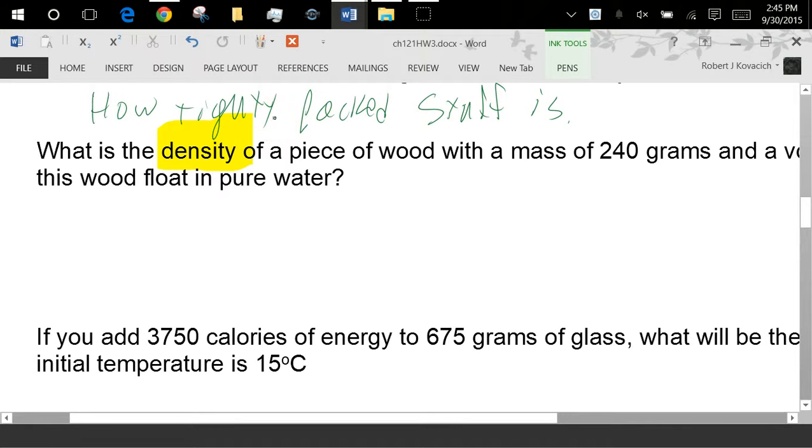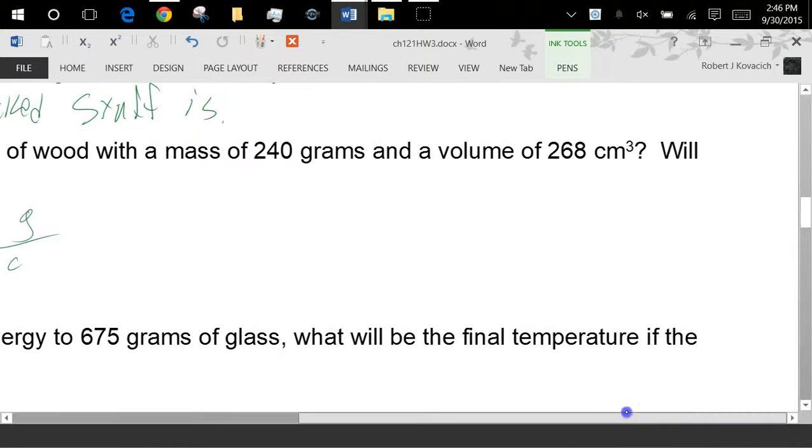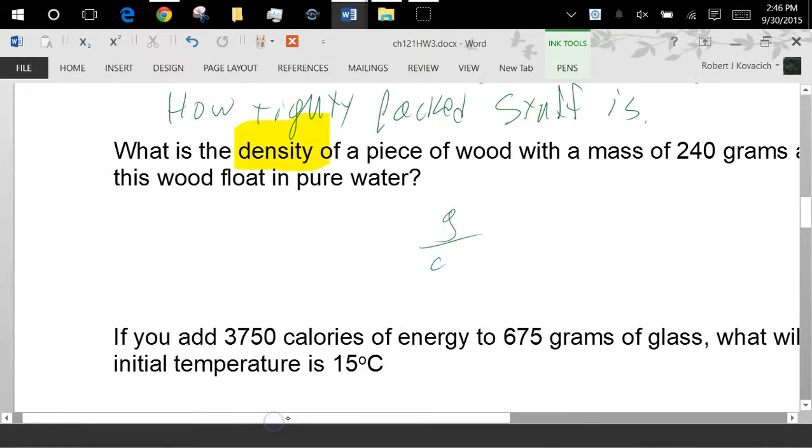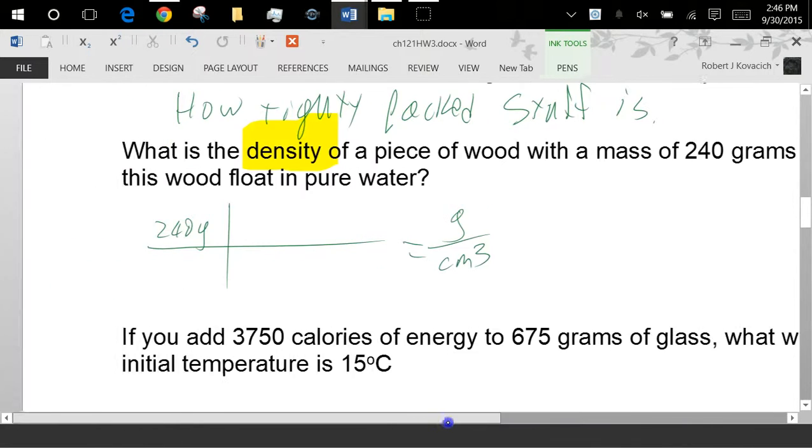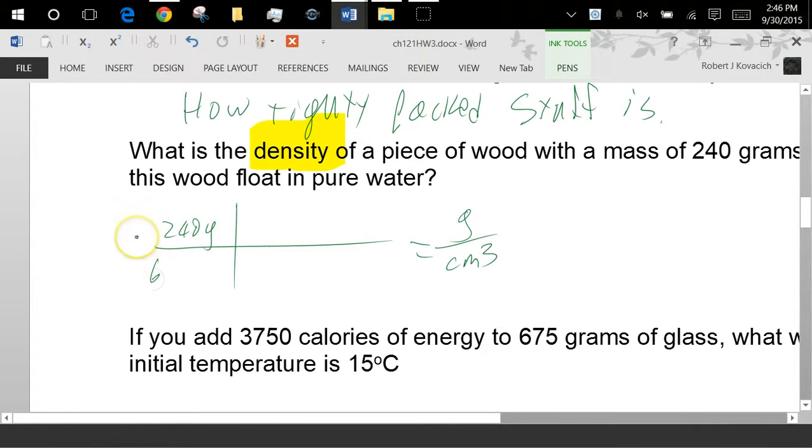So I've got a mass and I've got a volume. So all I need to do is put this together. So my answer has grams divided by, what is it in this case? Centimeters cubed. Okay, so that's easy. I'll just take my 240 grams and I'll divide this by 268 centimeters cubed.